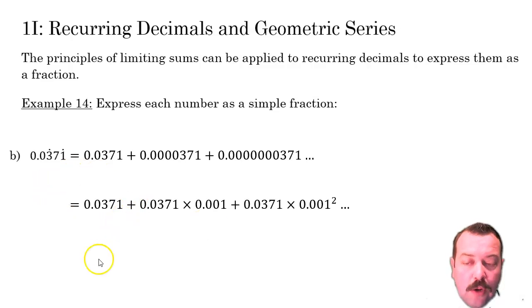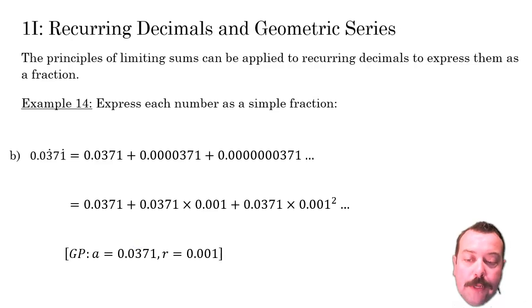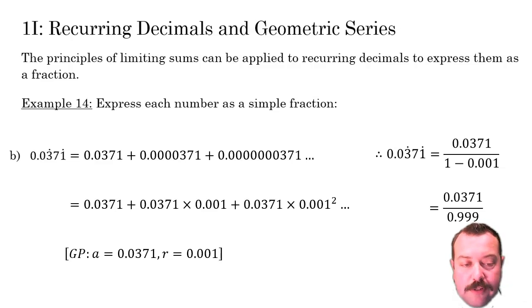Expressed like this, our first term is 0.0371 and each term is multiplied by a common ratio of 0.0001. So we have a GP where my first term is 0.0371 and my common ratio is 0.0001.